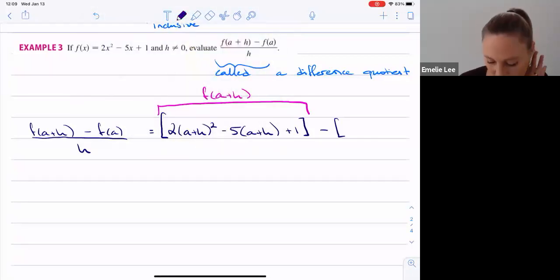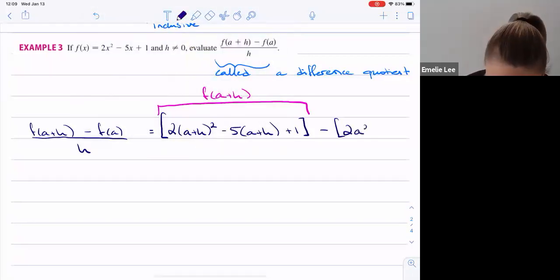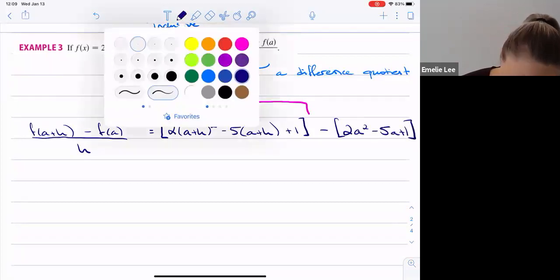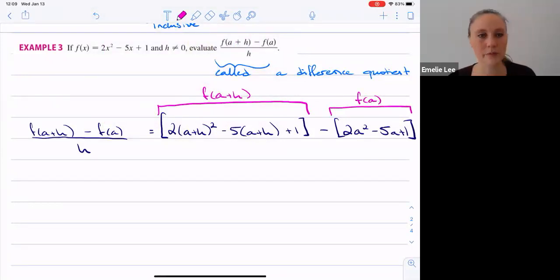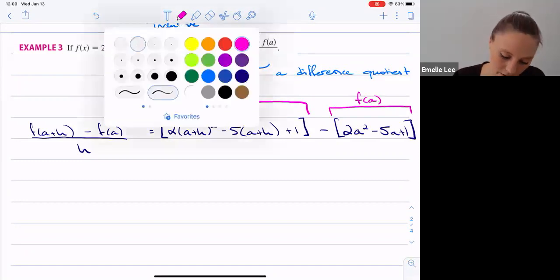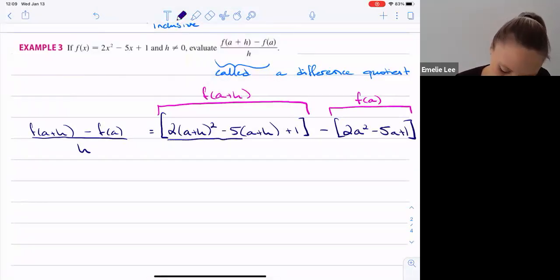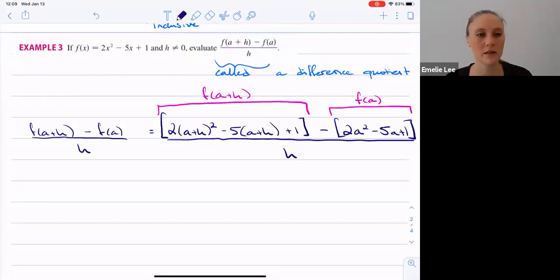And then f of a is 2a squared minus 5a plus 1. And then one thing I don't want you to forget is that it's all over h. Okay.